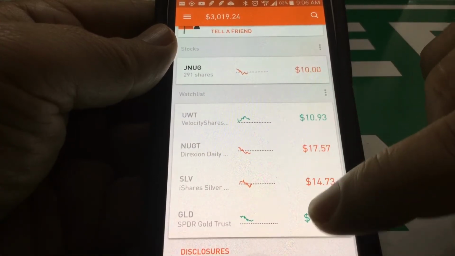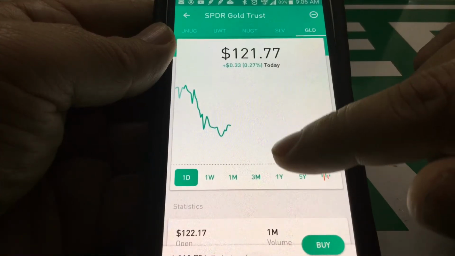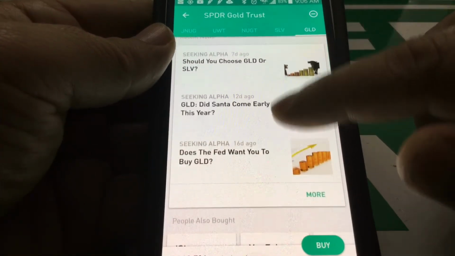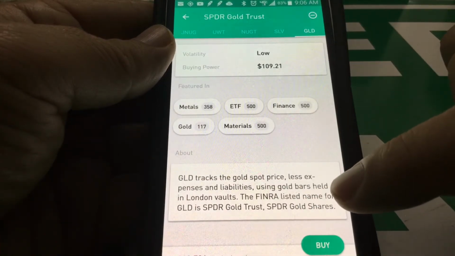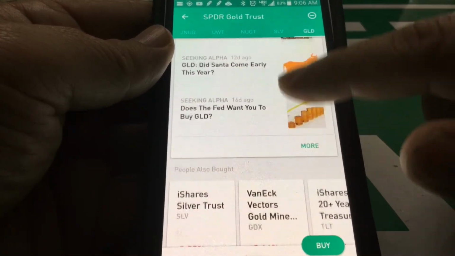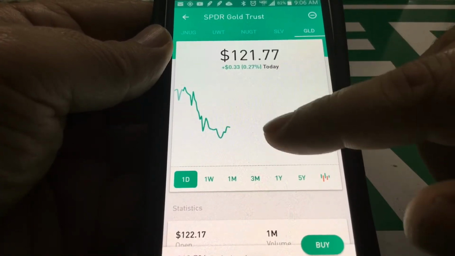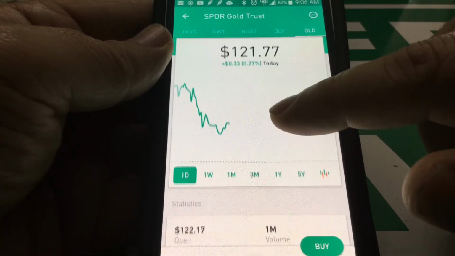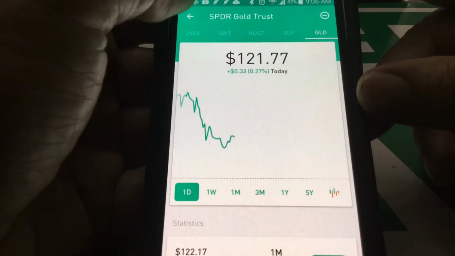So if I wanted to buy the SLV or the GLD, you can do that. Those basically track gold on the spot price. That's basically the paper, but it's what the physical is based on. So if you want to purchase some, you can go ahead and do that, but I'm not going to buy that right now.